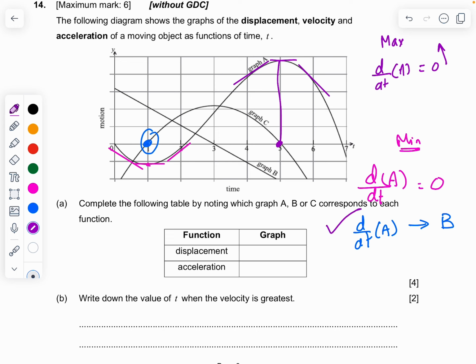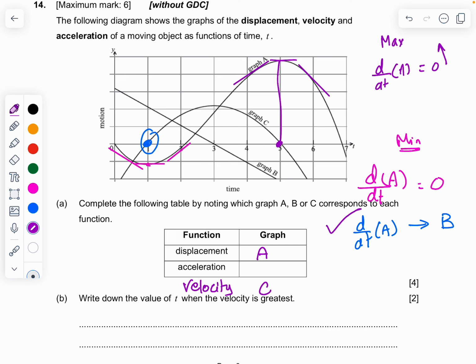So A and C are related to each other. So A should be the displacement and velocity should be C, because the derivative of graph A gives me graph C. So therefore velocity is C and A is going to be the displacement.